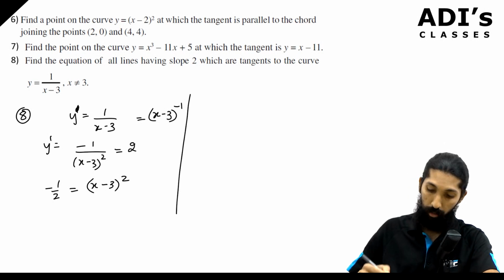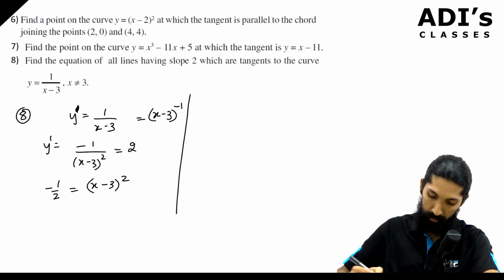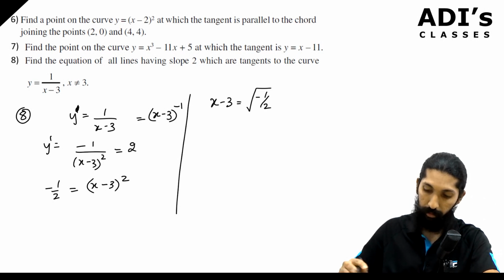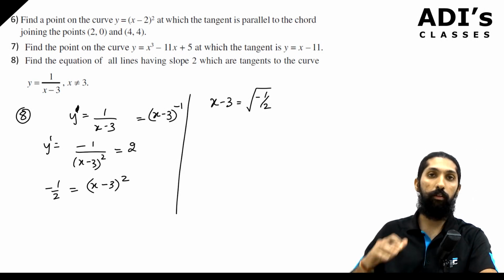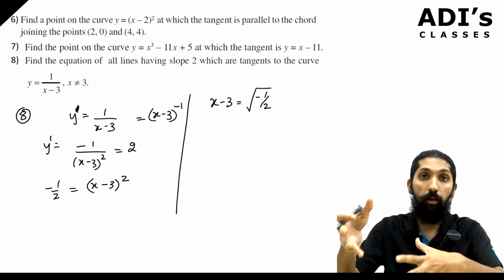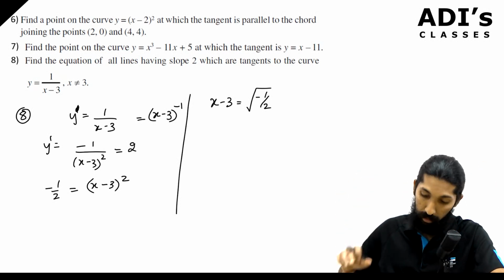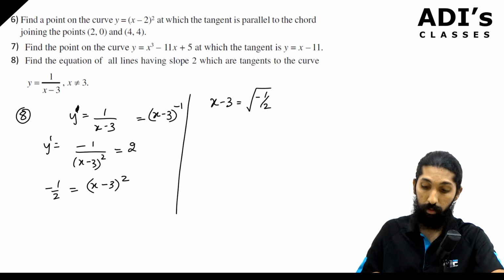We get here that x minus 3 is equal to root of minus half, correct? Now the method we are going to use is not even proving by contradiction. Directly you can tell that x minus 3 is equal to root of negative half, which is not at all possible, correct?